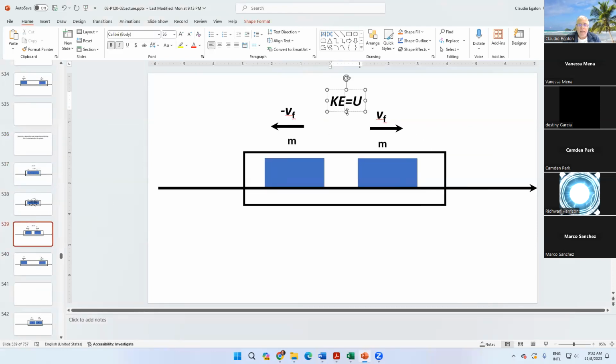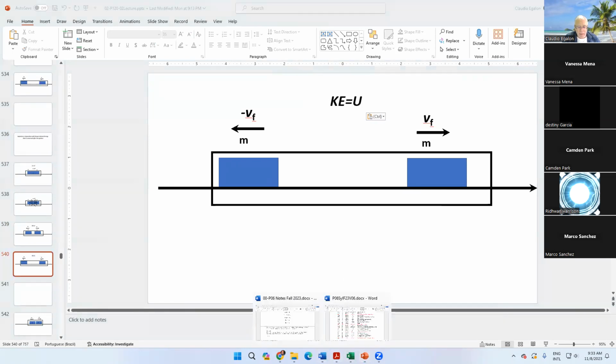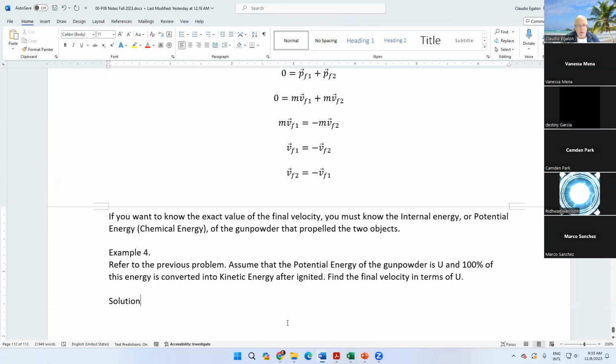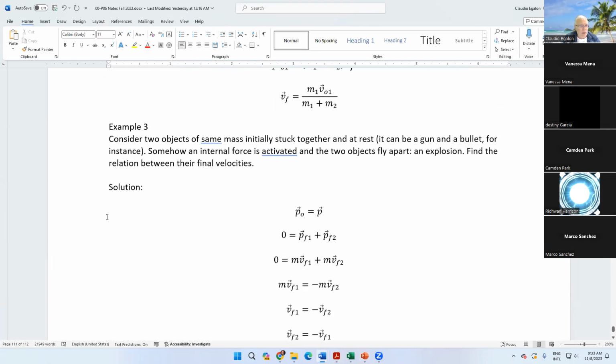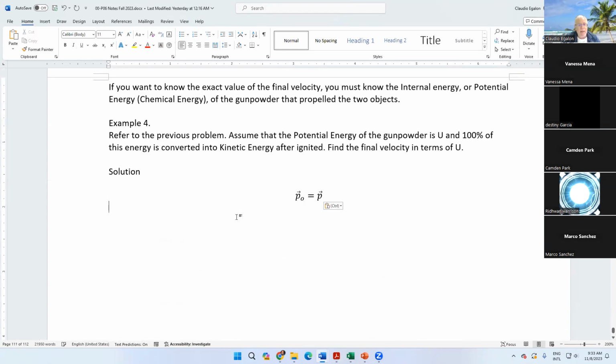Find the final velocity. Now you have a problem that's slightly more complicated. It's a little bit more difficult because it requires not just one equation, but two equations. It requires this equation here. I'm going to put everything from the very beginning. Initial momentum is conserved. And we must also have that total energy must be conserved, right?